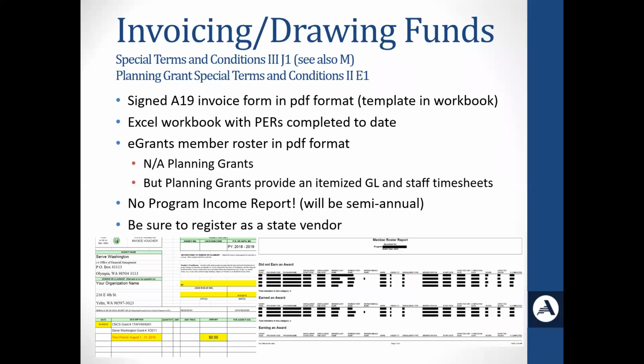Basically, the state can't actually make a transaction with someone who's not a state vendor. As Tacoma Boat Builders goes through the contracting process, I'm sure that'll be taken care of. But good point that that's a little bit of a complicated situation, and we don't want that to fall through the cracks. Yeah, I'll keep that on my list. Thank you. Yep.